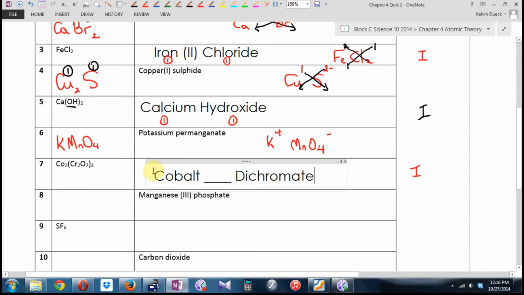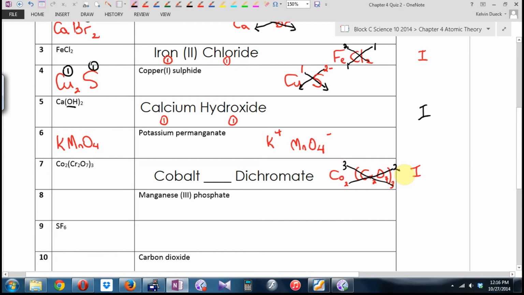The question is, what goes in for the Roman numeral? I'm going to uncriss-cross and figure it out. So I'm going to write the Co, there's 2 of them, and the Cr2O7, there's 3 of them. I am going to uncriss-cross.